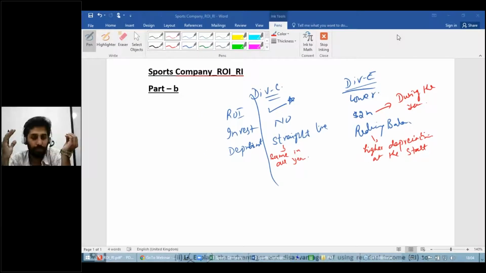That is the reason that in division E, these are the differentiating points.